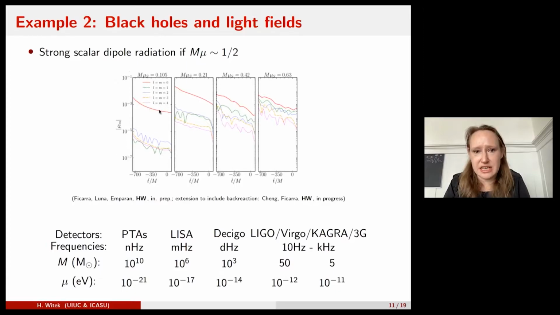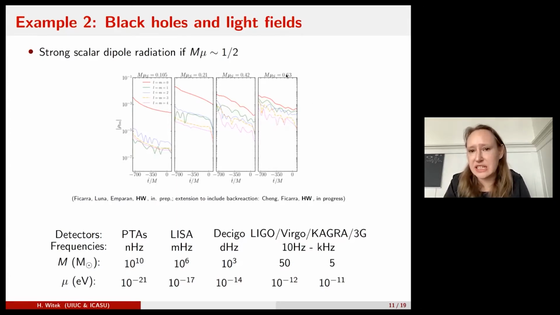And indeed, for a very small coupling constant here, this is what we see. The scalar field monopole is dominant. All the higher multipoles are subdominant here. Now, as we increase this coupling parameter, as we go closer and closer to a value that's about 0.5, we see that the higher scalar field multipoles are also excited. So, for example, here in green, we have the scalar field dipole, which becomes actually comparable as we increase the coupling to be about 0.6.